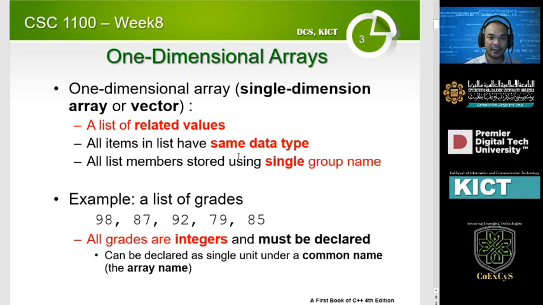And all of this data will be stored as a single group in a specific name that we give it, right? An identifier. So, in this case, we would have a data type called integer with a name, maybe we can call it grades, right? And all of these values would sit into grades. Bear in mind they all have to be integers, right?